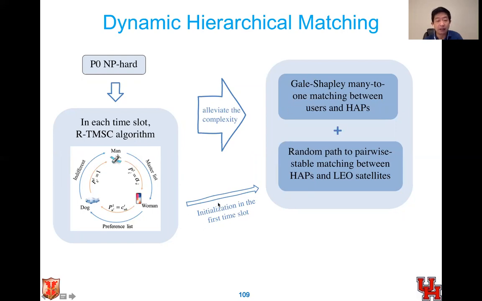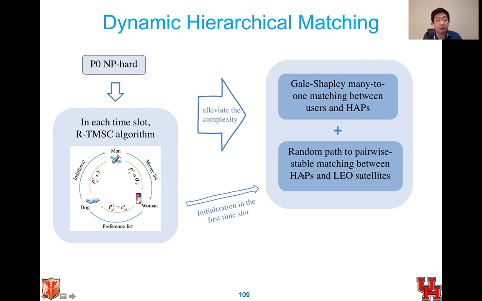On the other hand, after this, your users will change. Your satellite is moving, and how the users change you don't know, but how the satellite is changing, you know. So how could you handle this dynamic? Basically, we use a random path to pairwise stable matching.